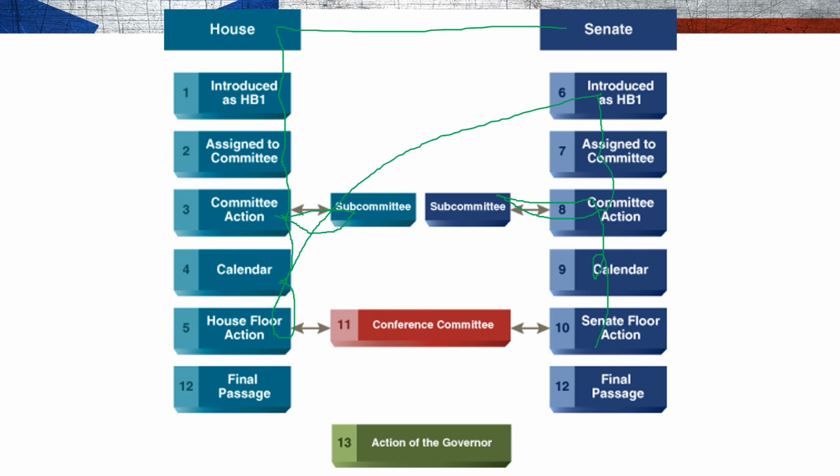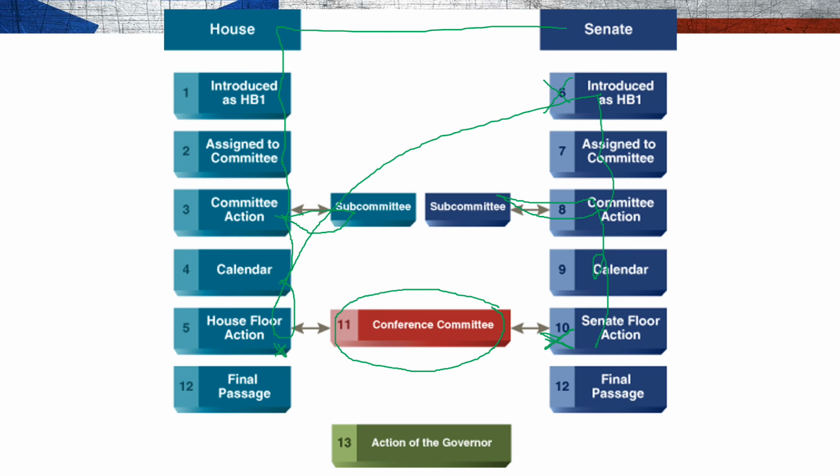And then if the bill is passed, and if there have been any amendments placed by the Senate, if the bill does not look exactly like it looked when it came in at number 6 here, then a conference committee will be established to make sure that the bill that was passed in number 5 and the bill that was passed in number 10 are the same bill.